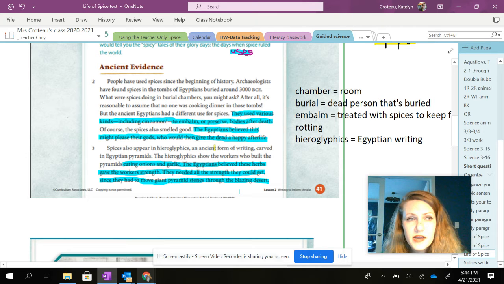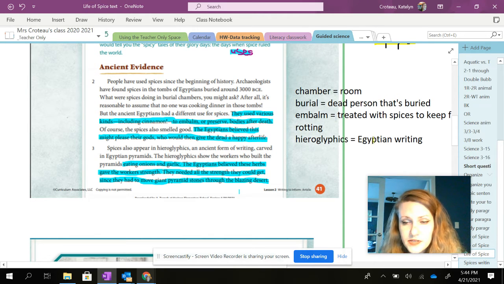Could be things like a tomb, right? Like the ancient Egyptians buried people in tombs. Well, people that were wealthy. Embalm is just a way of treating the body after death. They didn't want the body to rot in ancient Egypt, so they treated it with spices, basically.